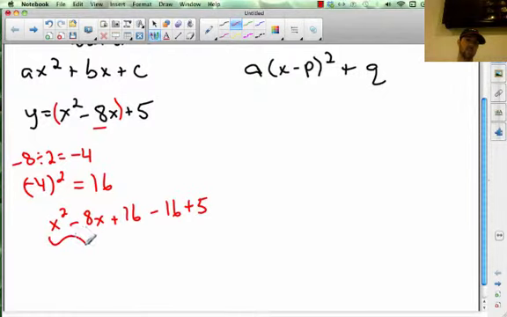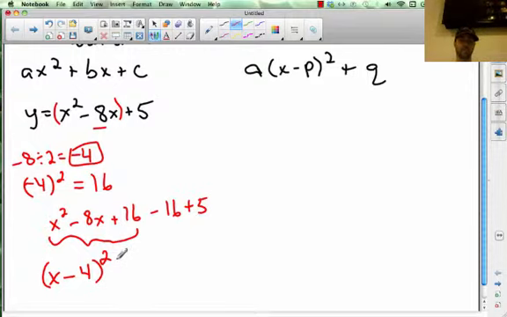Now, the reason we've chosen this specific value of 16 is so that we can write this as the square of a binomial. So what we do now is we take this same value that we had before, and that becomes the p-value that goes in our binomial.